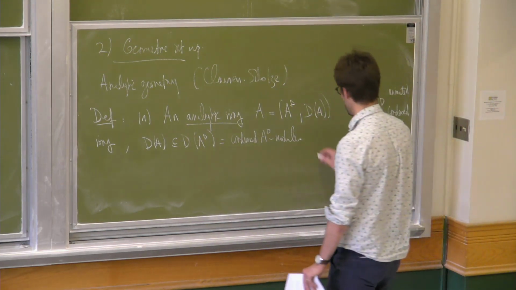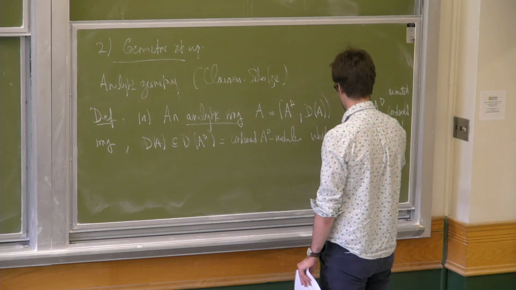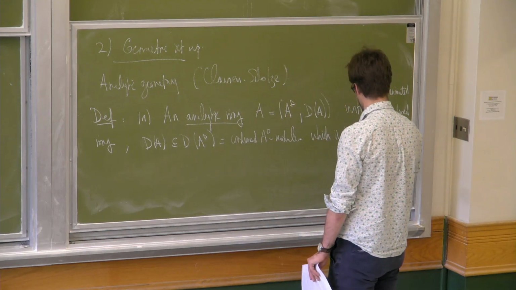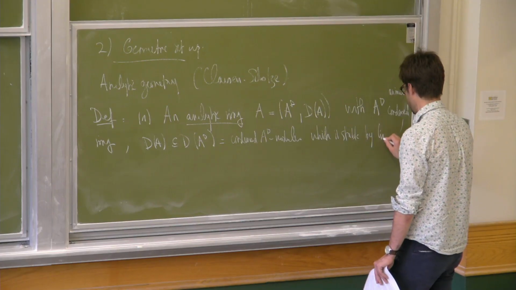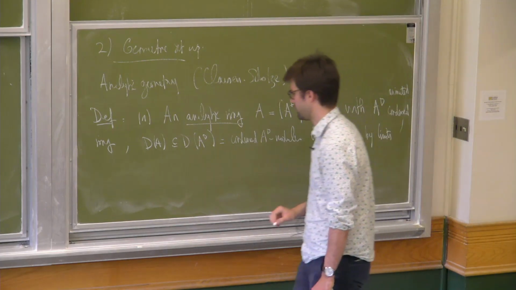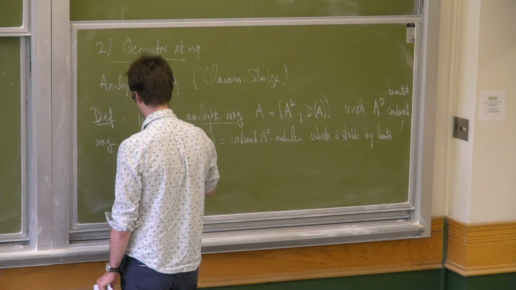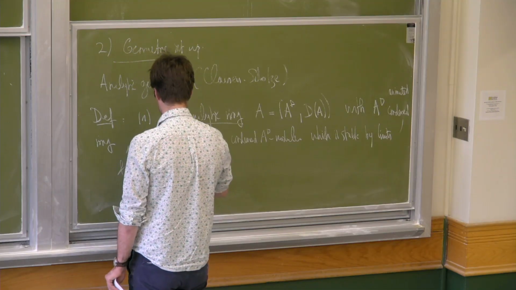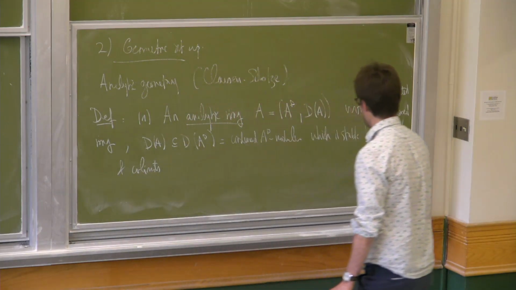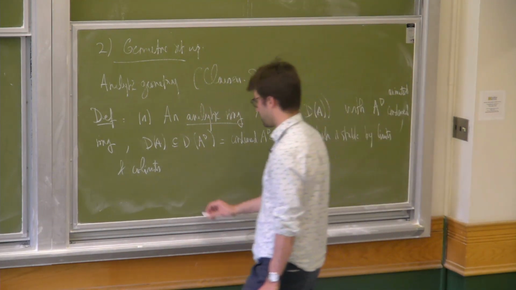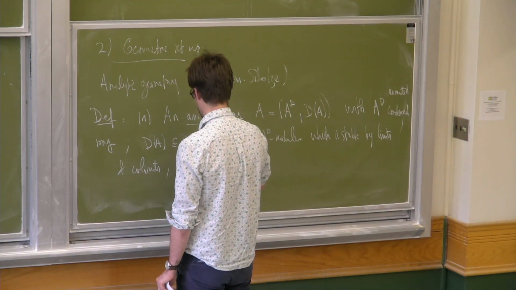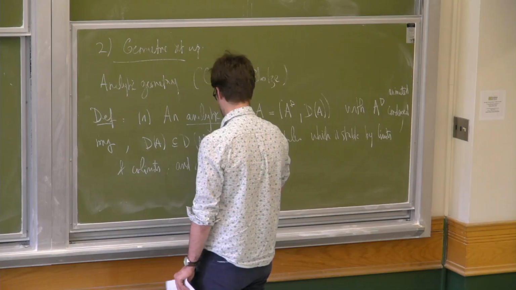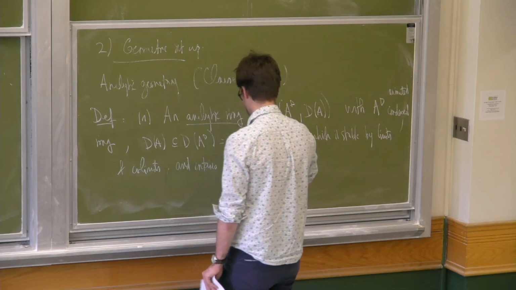I won't list all of them, but I want to point out two important properties. It's stable under arbitrary limits and colimits, and it also contains A itself.